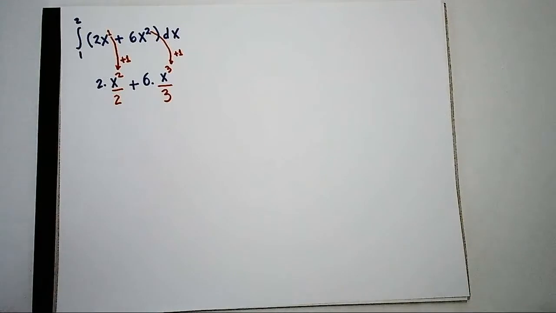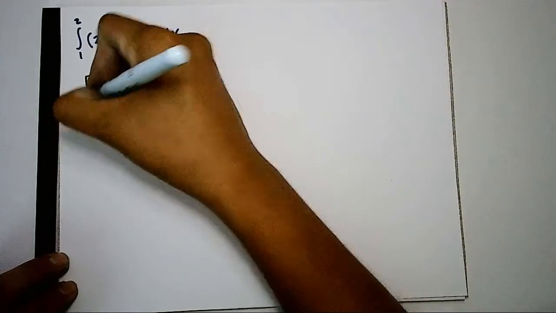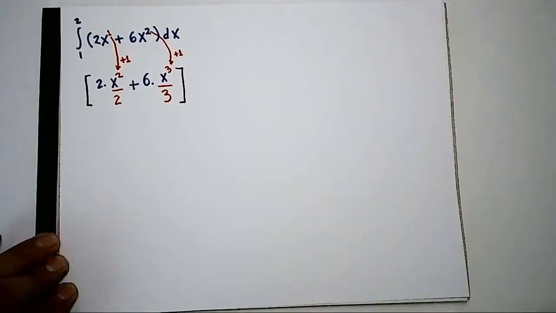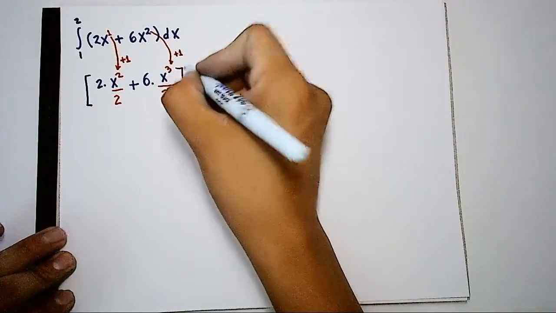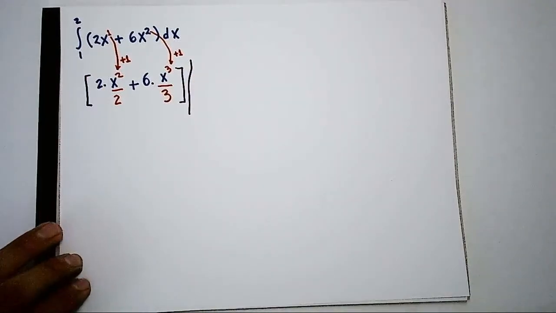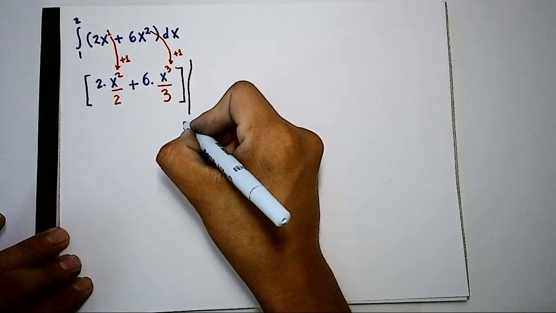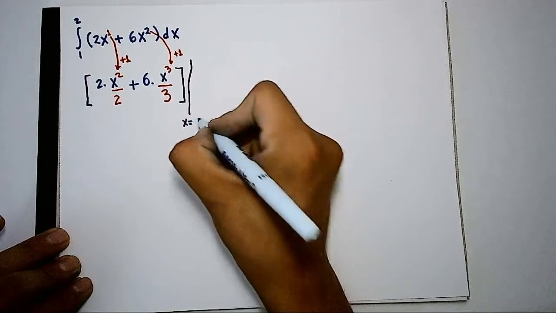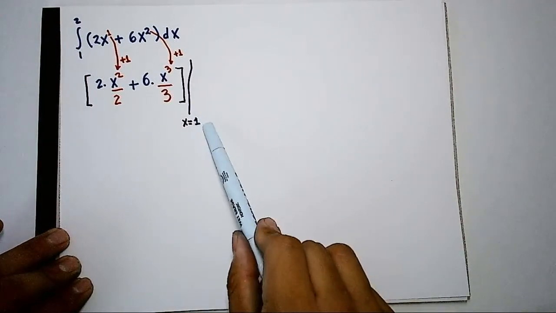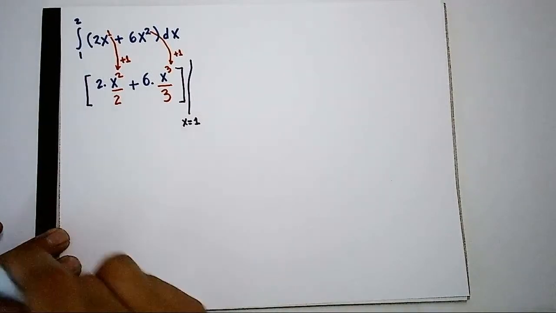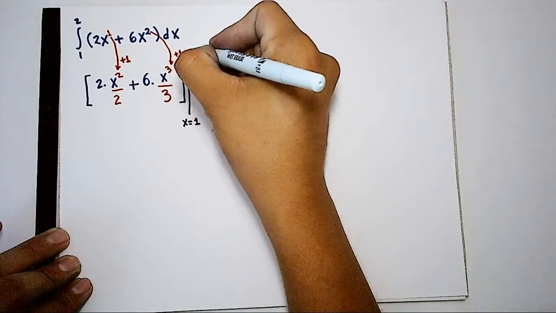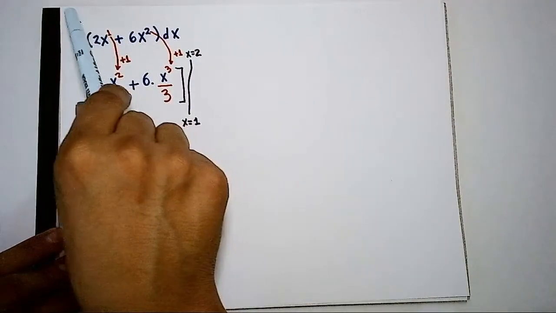So far, this is pretty similar to the case of the indefinite integral. However, here we need to write the boundaries, and we normally use a bar, and we say that the integral goes from x equals 1, which is the value of the lower bound, to x equals 2, which is the value of the upper bound.